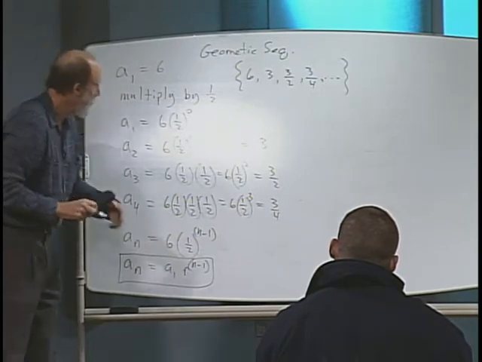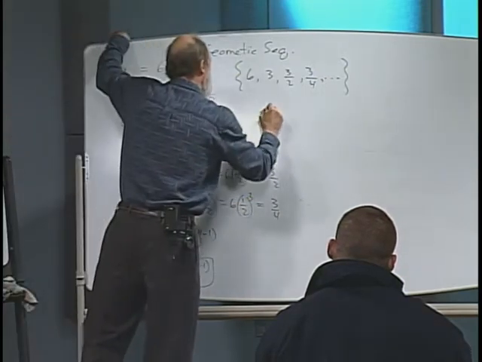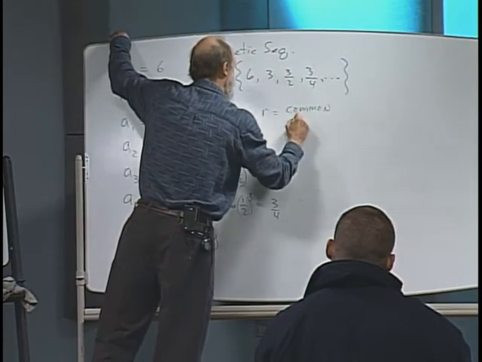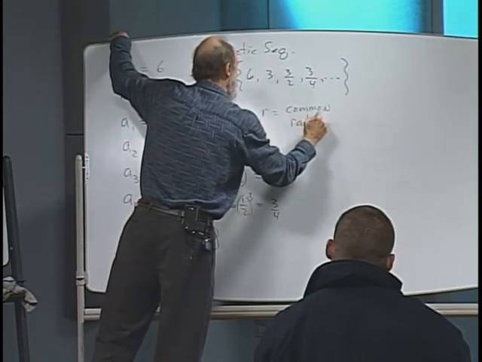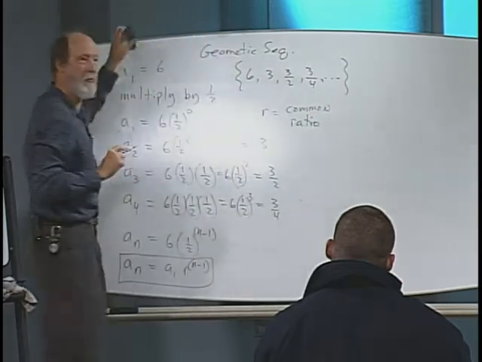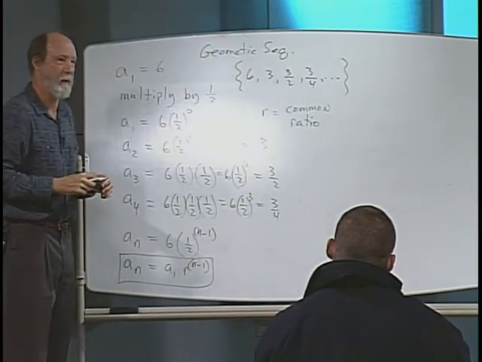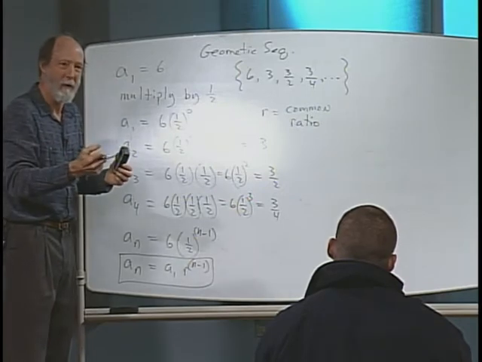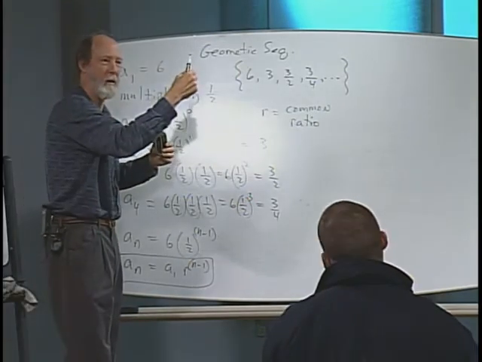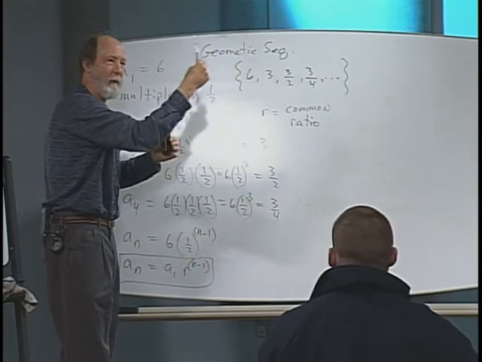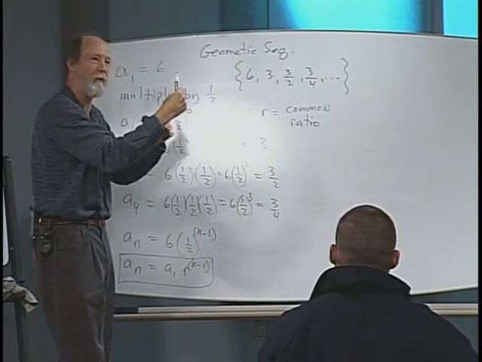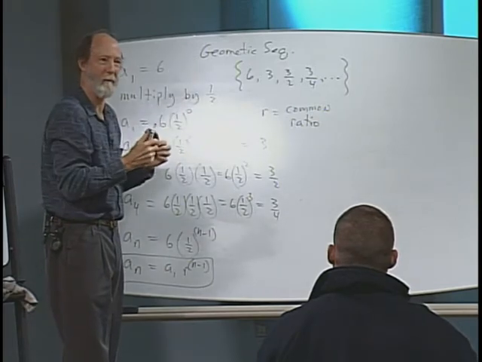And r is called a common ratio. R is called a common ratio. Now think about what ratio is. It's a fraction that happens to be in common as you go from term to term. It's a comparison of one term to the previous term.